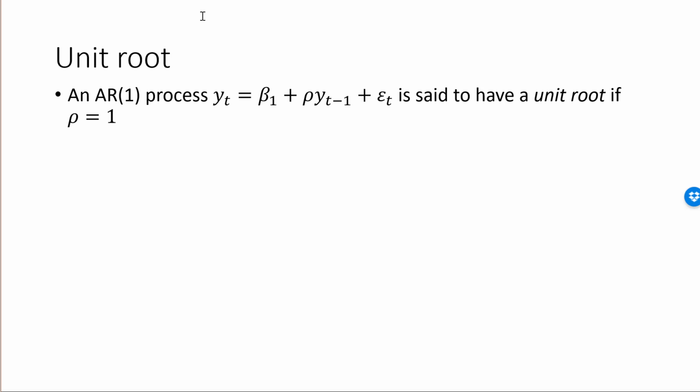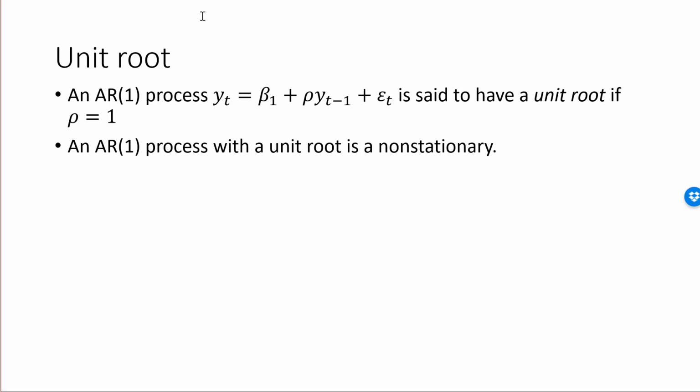The terminology we use is that we say that the AR1 process has a unit root if rho is precisely equal to 1. Remember, we concluded that when rho is equal to 1, the stability condition is not satisfied and the process simply cannot be stationary. So an AR1 process with a unit root is certainly non-stationary.